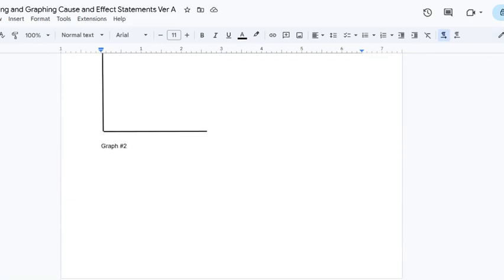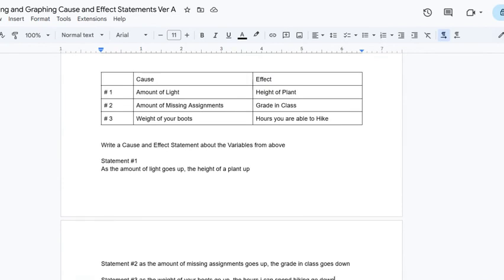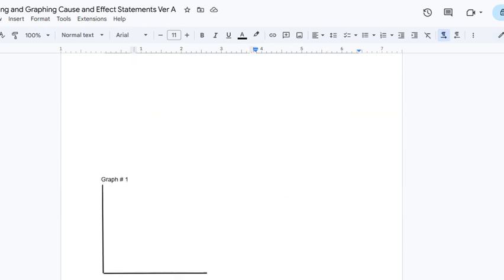The last part of this is we're going to go through and we're going to graph these. So cause, this is also another way of saying independent variable. This is going to go on the x. This is going to be my dependent variable. This is going to be on my y. So we're going to put these cause and effect statements into the graph.